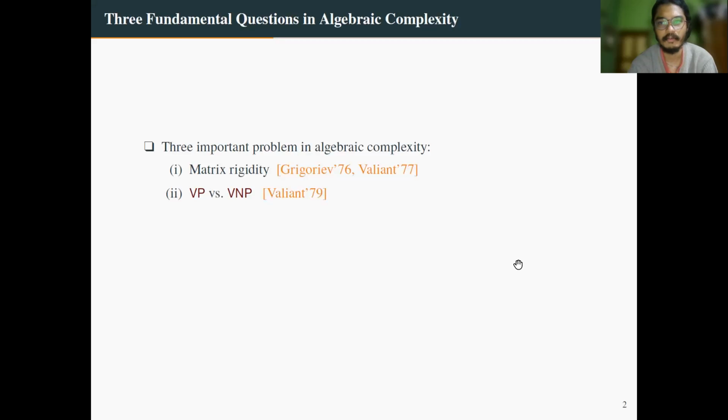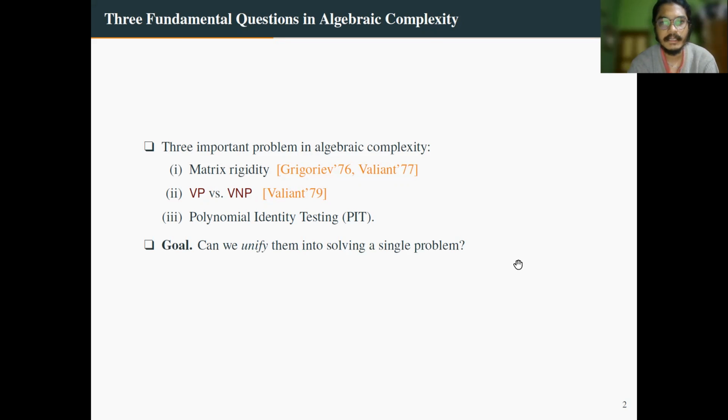They were defined 40 years back by Grigoriev and Valiant. And the third question is the polynomial identity testing question, PIT, which is a derandomization question. I'll not be able to define these questions in this short video, but they are well motivated questions and have a close connection to proving P not equal to NP.